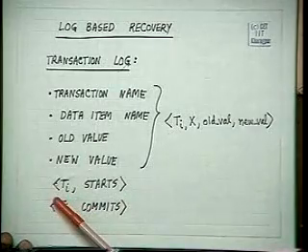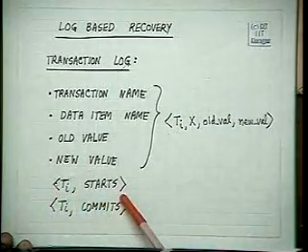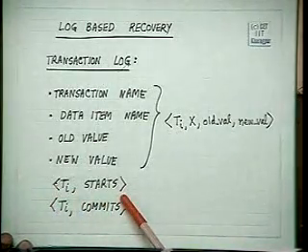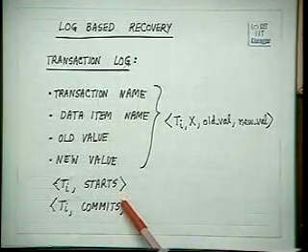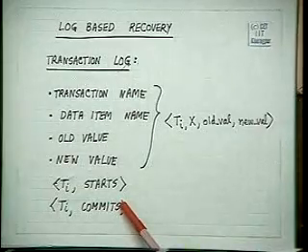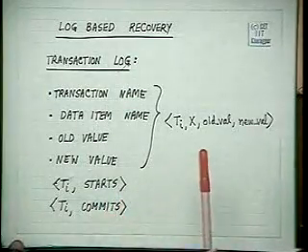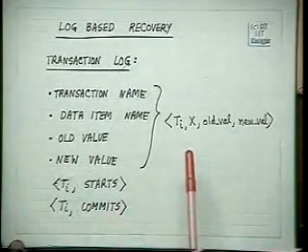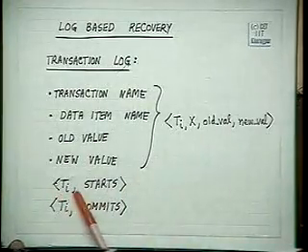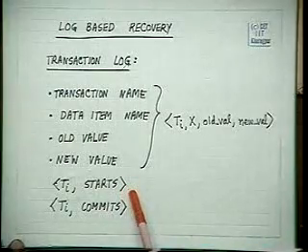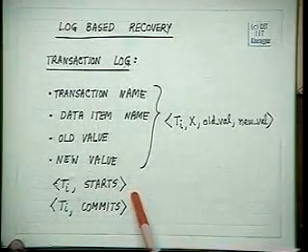Before the first statement is executed, this <Ti starts> is written onto the log in stable storage, and we will assume in the initial stages that for every log record the corresponding block of that record is written into stable storage. So when we say write <T1 starts> into the log, that is actually written out into stable storage.